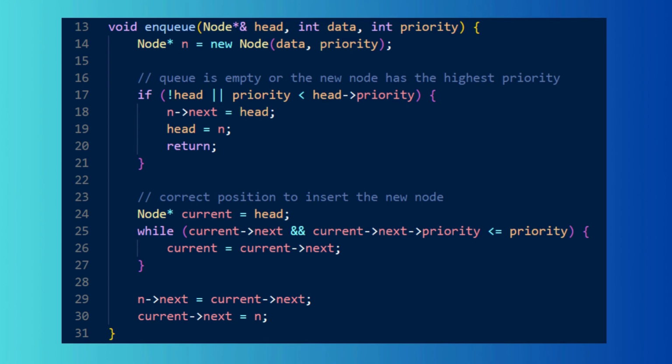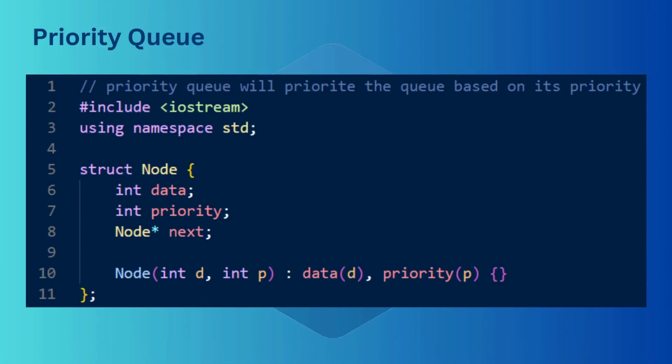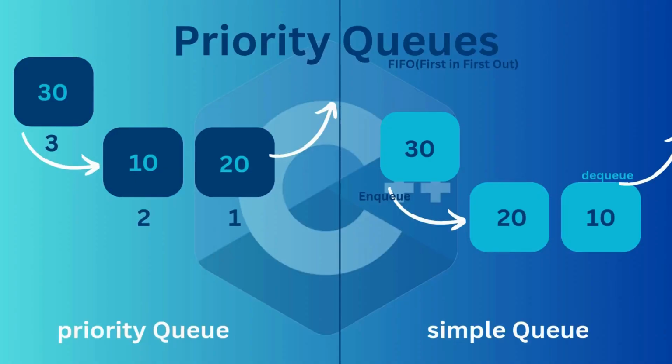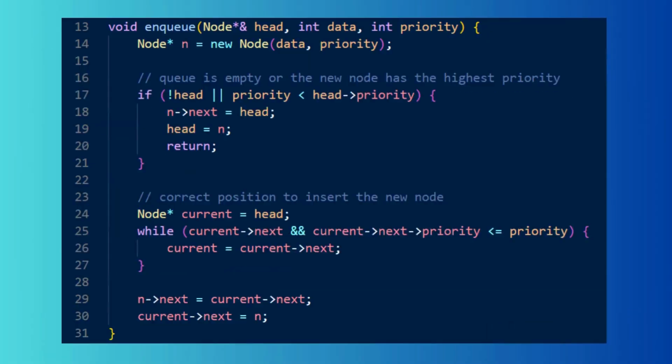So it will shift all the values toward the end, and the first element will be the n value. Here is an example: we are adding values in enqueue form, the first, second, and third element, but we are also checking the priority. This code works like that.